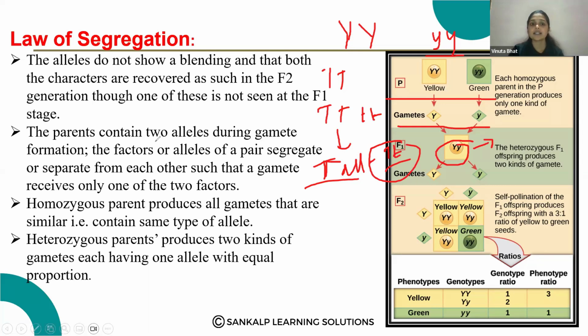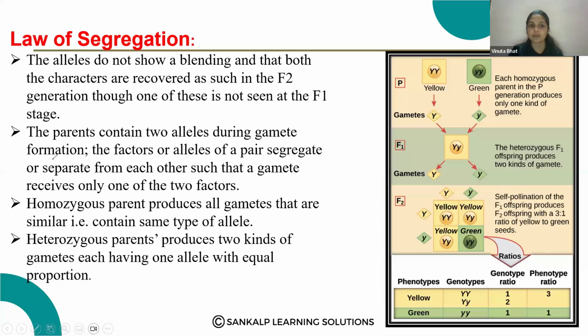The parents contain two alleles. During gamete formation, the factors or the alleles of a pair segregate or separate from each other such that a gamete receives only one of the two factors. Here Mendel called them factors, or we can call them alleles. For example, the parent generation has capital T and small t.